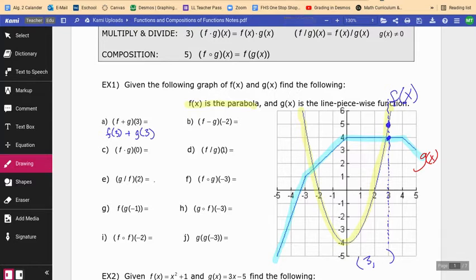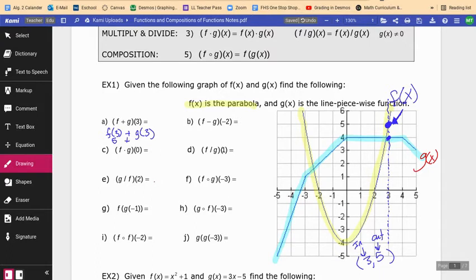The one I care about is the one attached to my f of x function, my parabola. So that y value at that specific point is 5. Remember, 3 is the input, 5 is the output. So f of 3 has a value of 5.